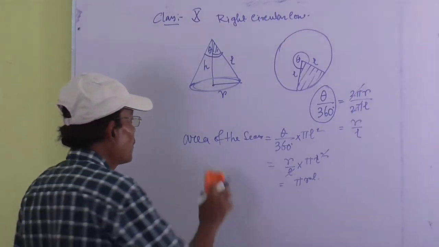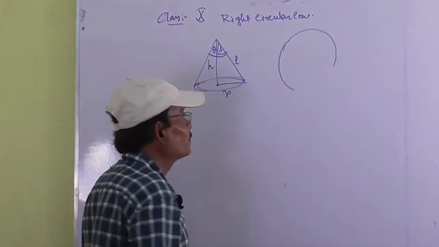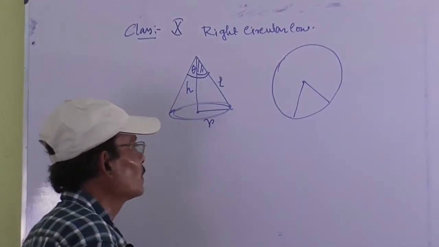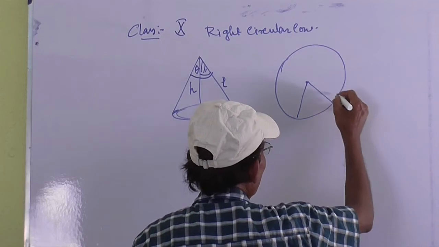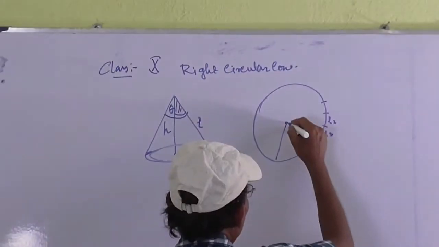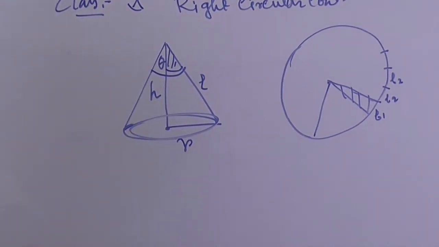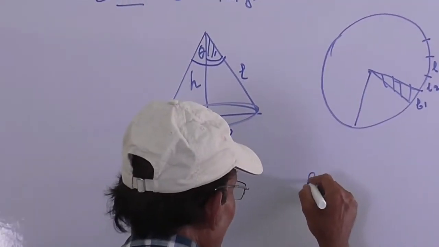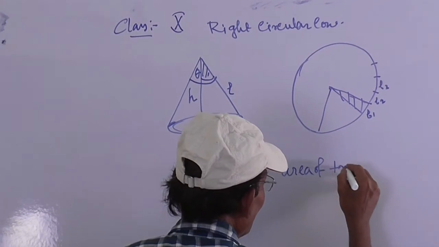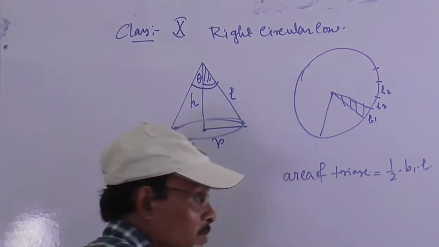Now, let it be a circular portion and this is a sector. Clear? If we take the small portions B1, B2, B3, each portion forms a triangle. So, the area of a triangle is half into base into height.